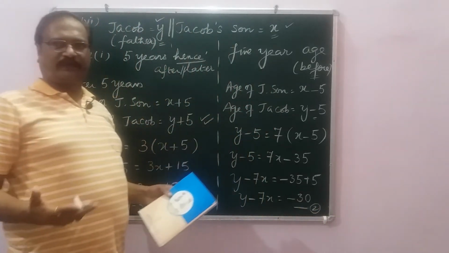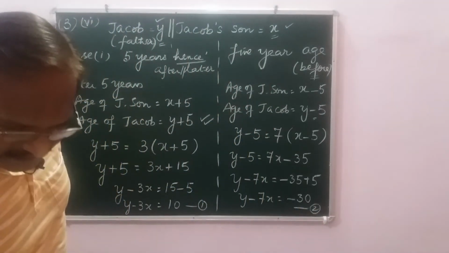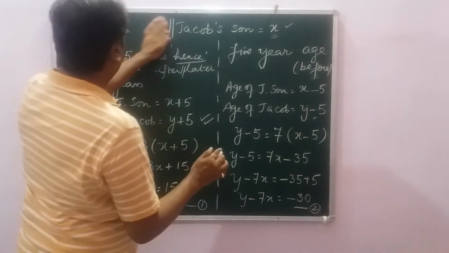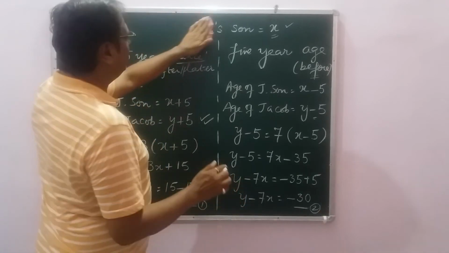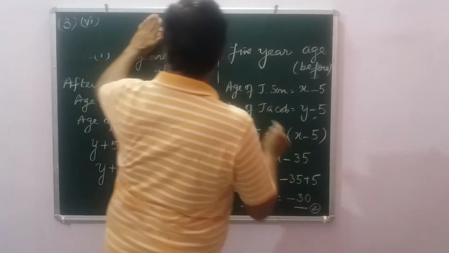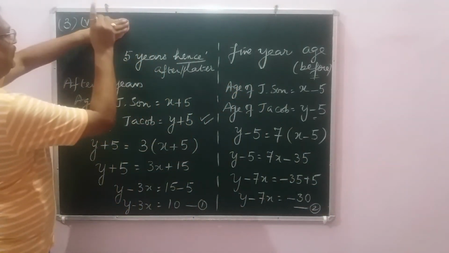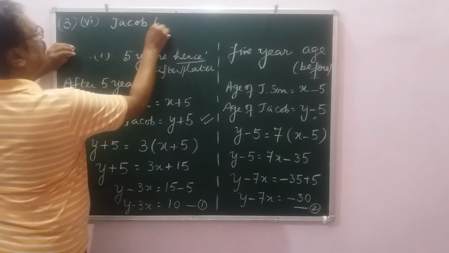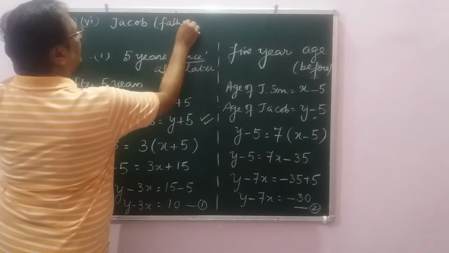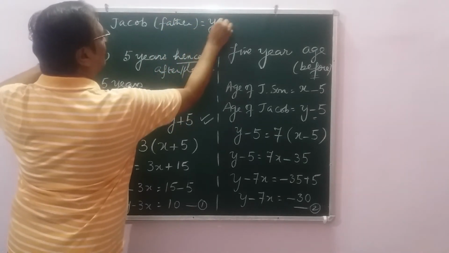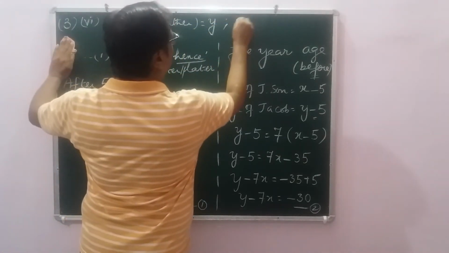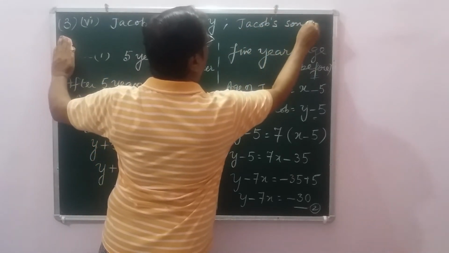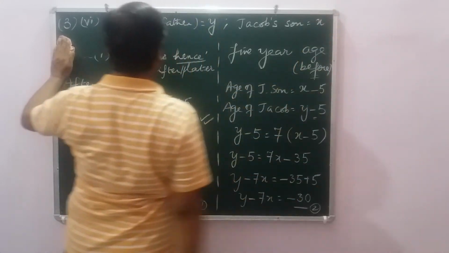Now we need to solve it. This is nothing but linear equations. So let me erase everything. Jacob is the father and his age we have taken as y. Jacob's son we have taken as x.